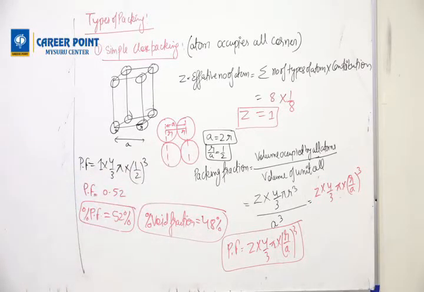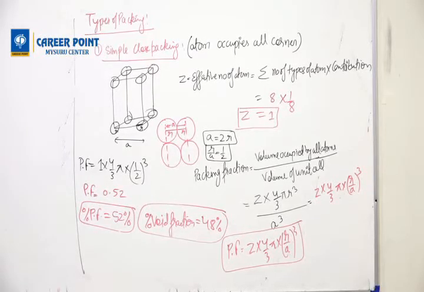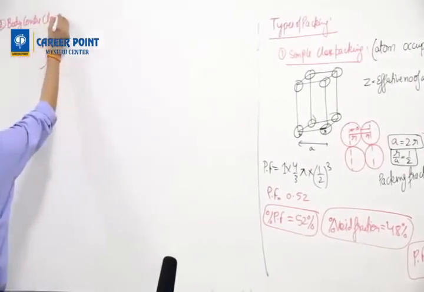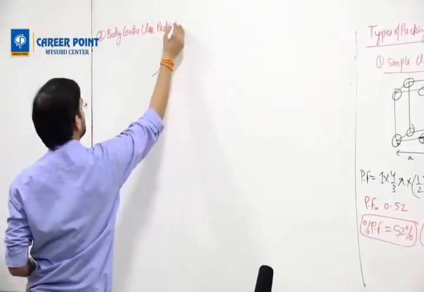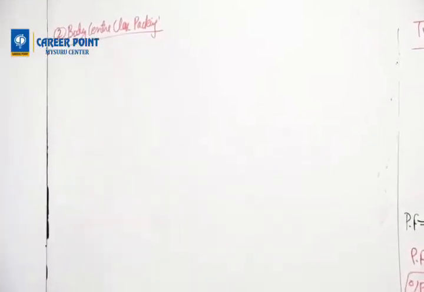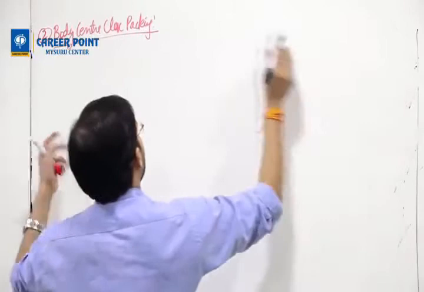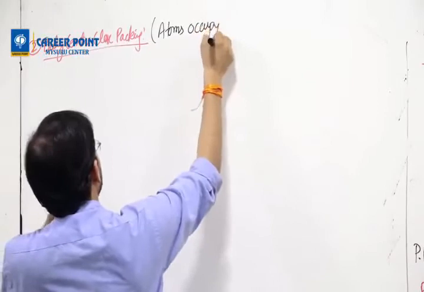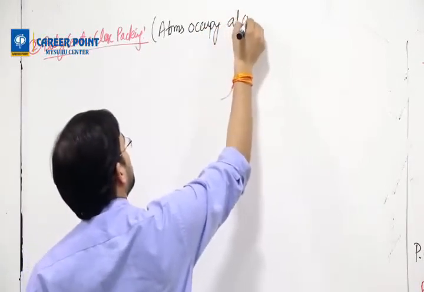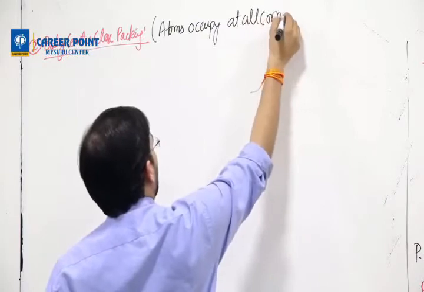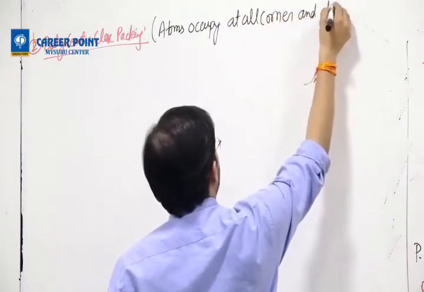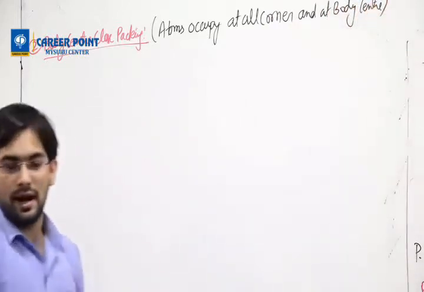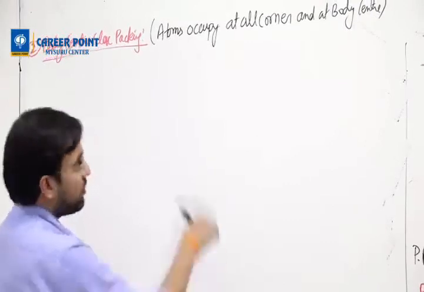Okay, now we come to the second packing. That is called body center close packing. So here the point is atoms occupy all corners and the body center.